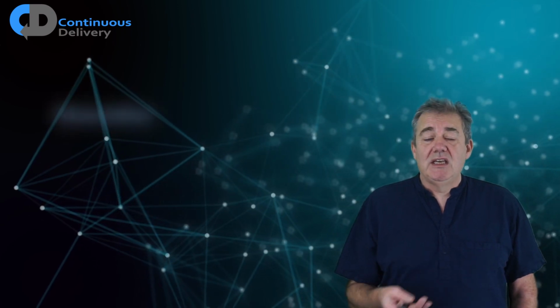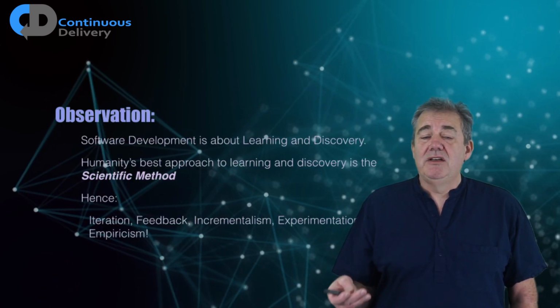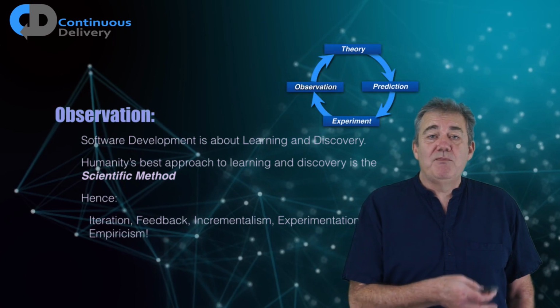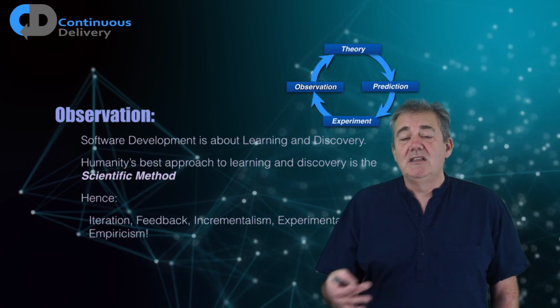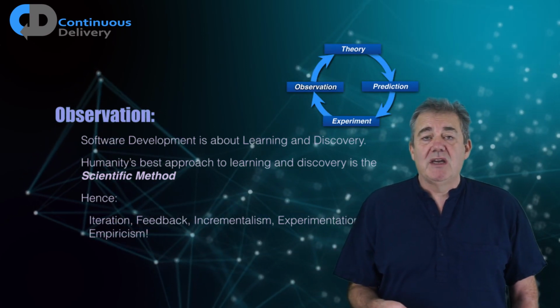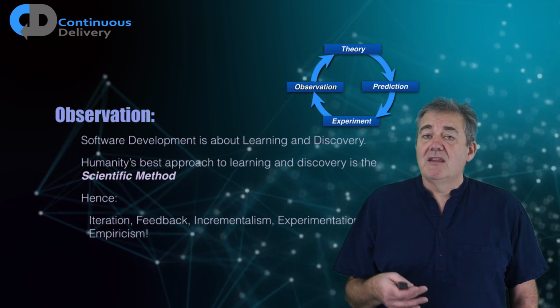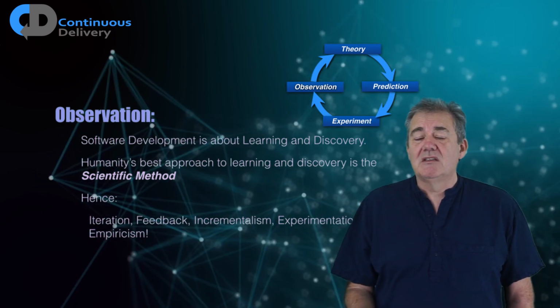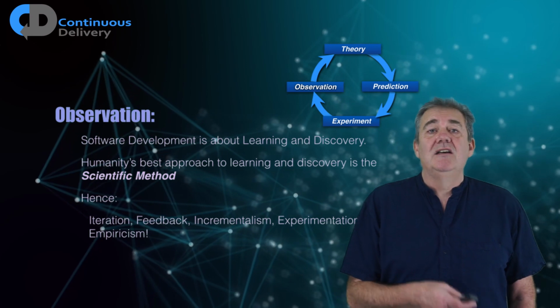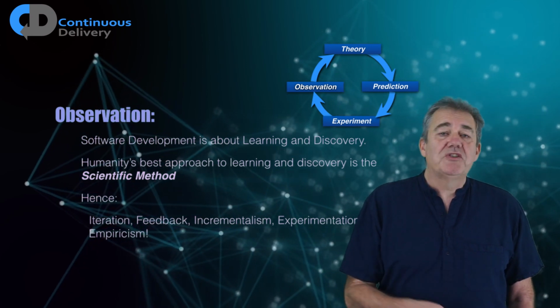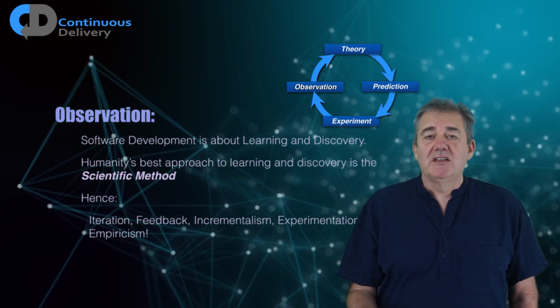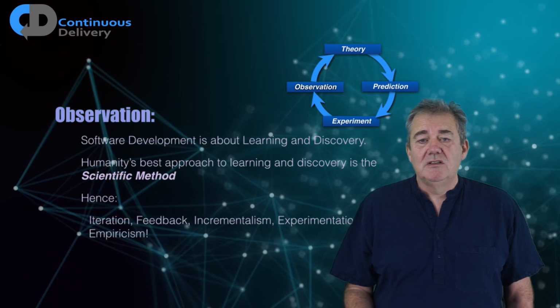So my observation is that software development is about learning and discovery. Humanity's best technique for learning and discovery is the scientific method. If we start applying that kind of thinking to solving problems in software, we get dramatic, measurable, demonstrable improvements in productivity, quality and effectiveness of our solutions.